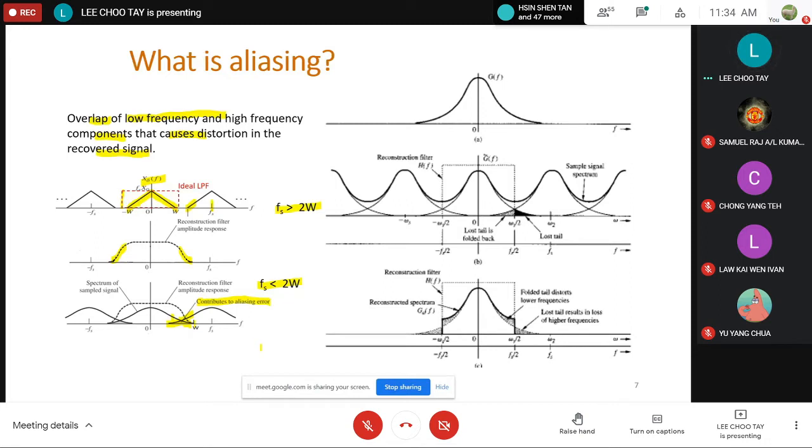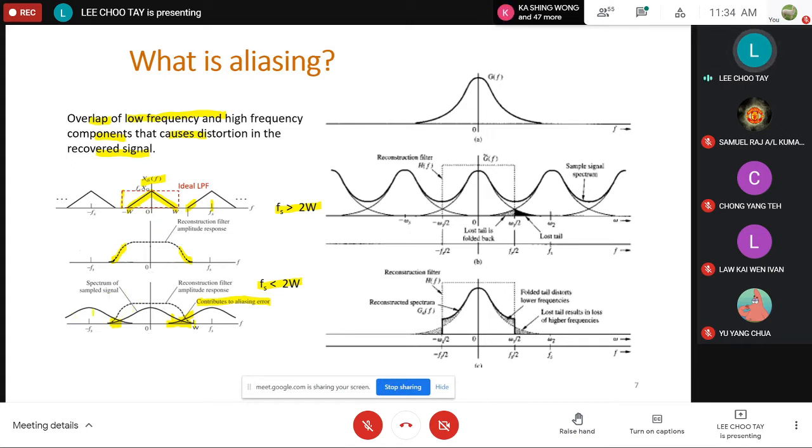And then later on, when you try to recover your baseband signal using a low pass filter, and again because your low pass filter is not ideal, well, even if it's ideal you have a problem. It is going to allow all these signals to pass through the filter, and therefore whatever you recover will not be the exact version of the original one.